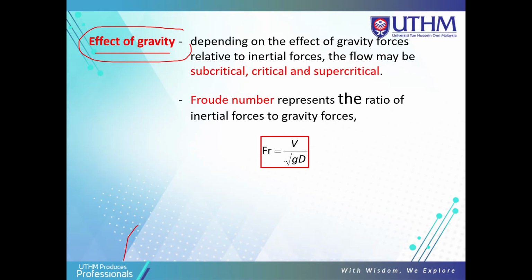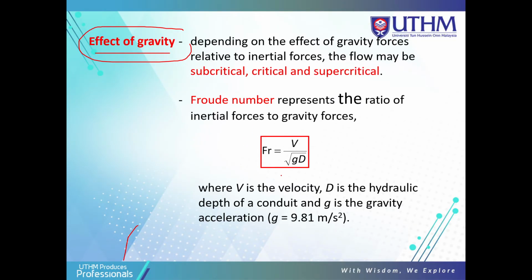Effect of gravity: we use the Froude number. Depending on the effect of gravity forces relative to inertial forces, the flow may be subcritical, critical, or supercritical. The Froude number represents the ratio of inertial forces to gravity forces.